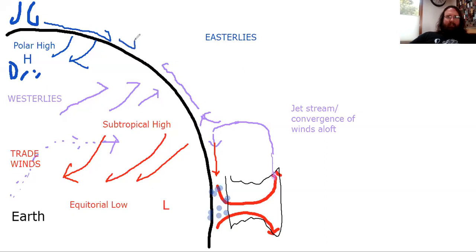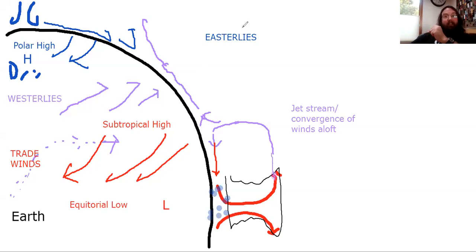So when they meet, this air gets pushed up. The reason is that your westerlies are pushing up over this dome of very cold, dry air. When you push the moisture-laden subtropical air being carried by the westerlies up over that dome of cold polar air, you get lift of air masses.